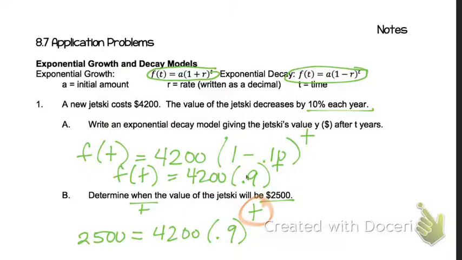So you end up getting 0.595. Let's go out 3 decimal places. Equals 0.9 to the t.